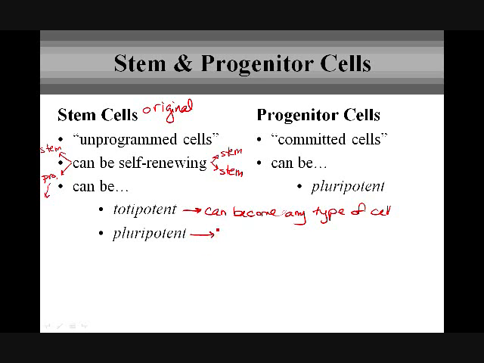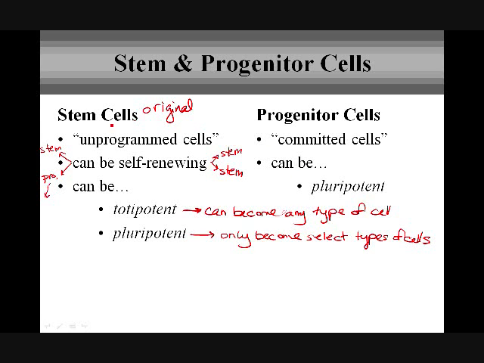While pluripotent refers to the fact that they can only become select types of cells. What I mean by that is, by pluripotent, their specialization has been somewhat determined.